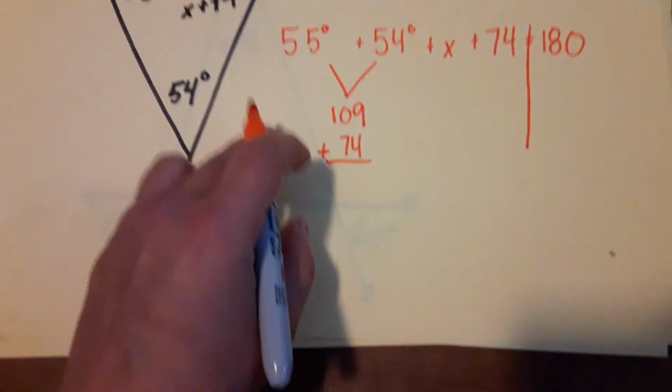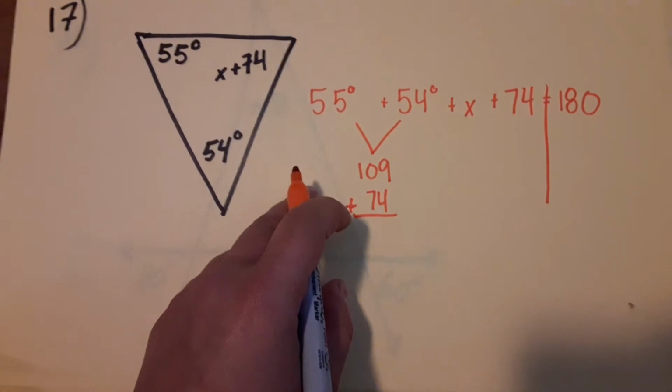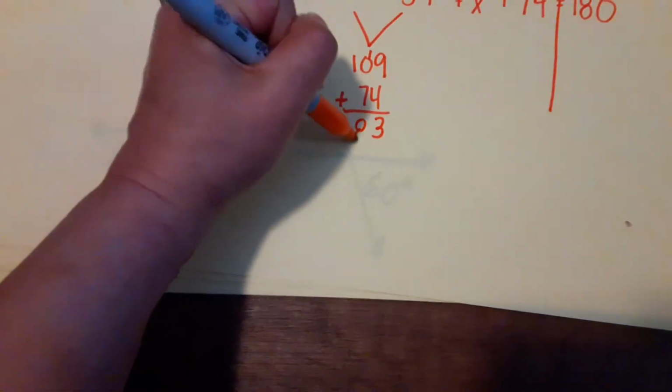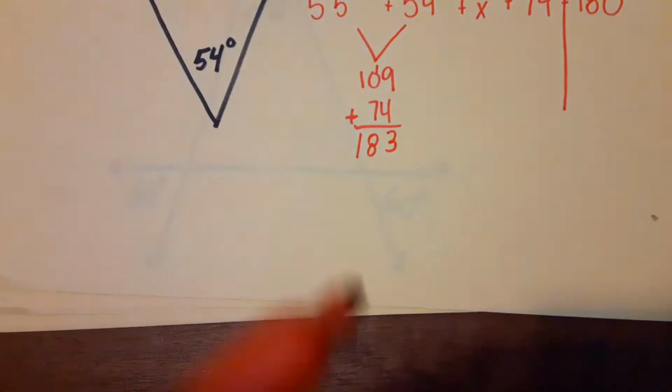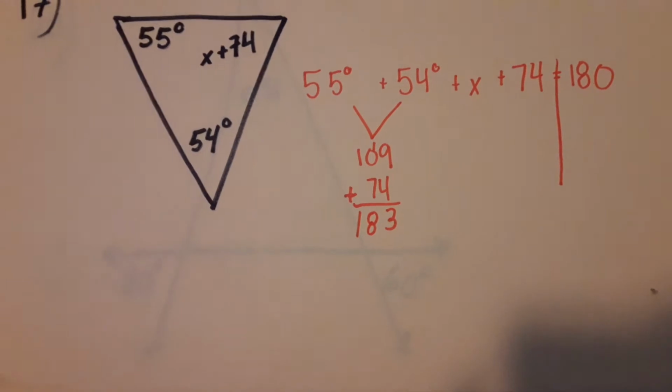Make sure you're showing your calculations and setup, you guys. 9 plus 4 is 13. Carry the 1. I got 183. So we end up with x plus 183 equals 180.